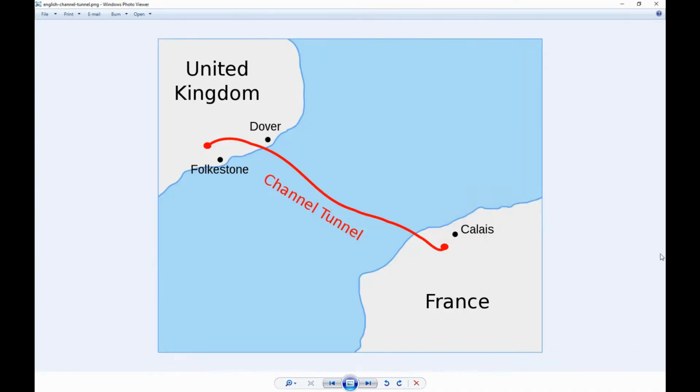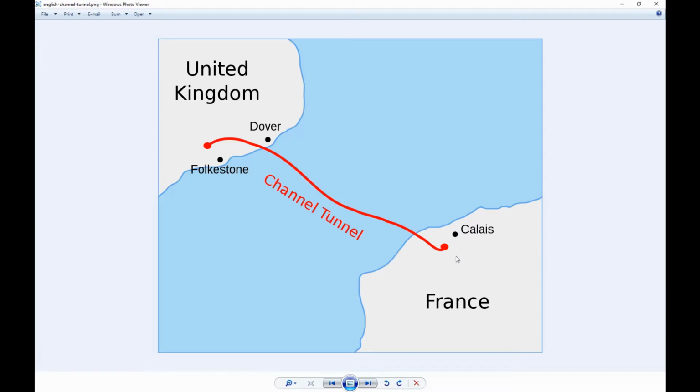This is a nice drawn map by someone named Wayun Mortadello, 2005. And you can see here's England, here's Dover, Folkestone, here's France, here's Calais, and this is the route of the Channel Tunnel. Since 1993, England has been joined to continental Europe with the Channel Tunnel, also known as the Chunnel.